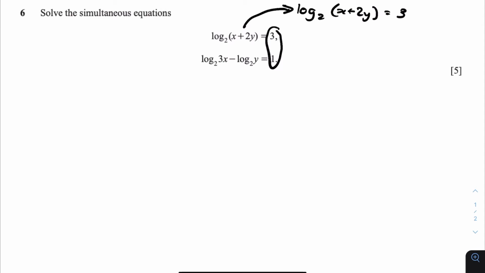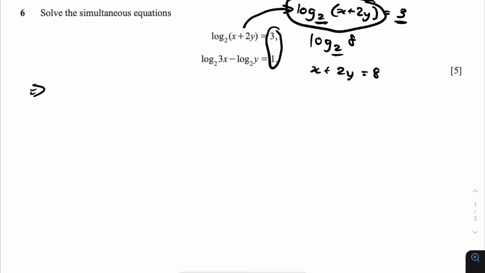What that means is that since 3 is equal to log 2 8, x plus 2y automatically equals 8 because they already have the same base now. So the first equation we can rewrite as x plus 2y equals 8.